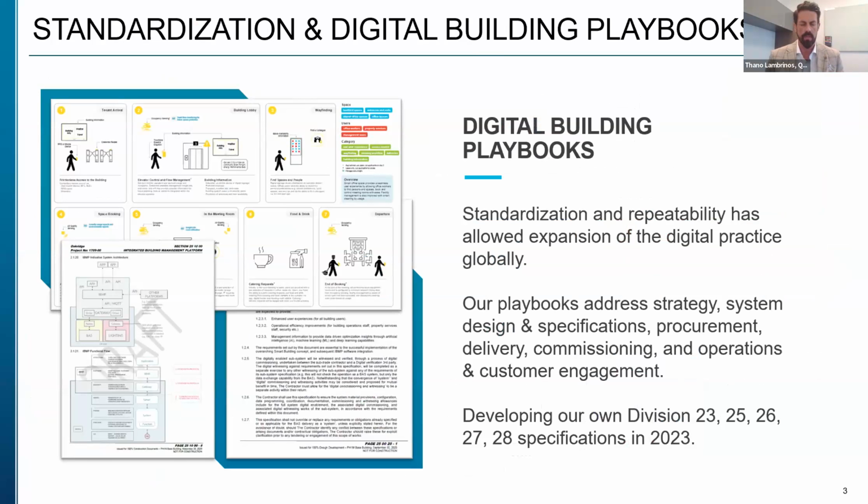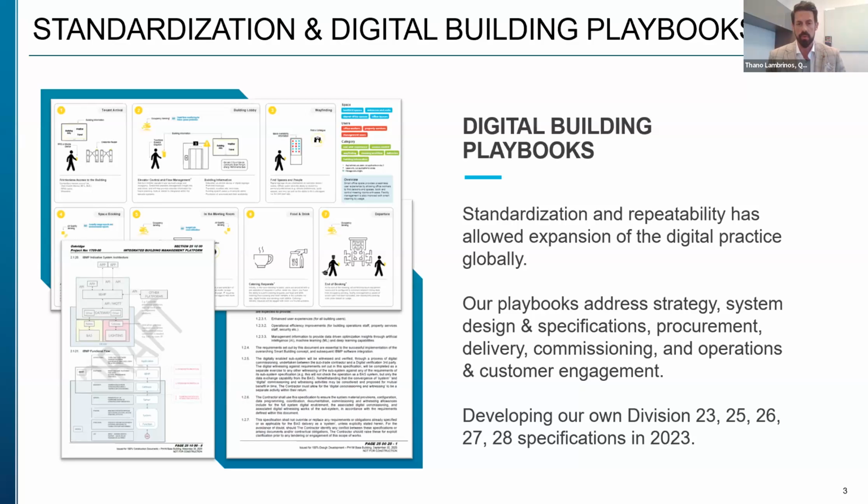And the foundational pieces that enable our strategy to have been as successful as it's been to date. One is the digital building playbooks that we've deployed. Standardization and repeatability is absolutely critical for the same reason that a data layer exists, so that you can have scalability across the portfolio. You need standardization and documentation and specifications written so that you can buy, build, retrofit buildings appropriately so that they can leverage that infrastructure.